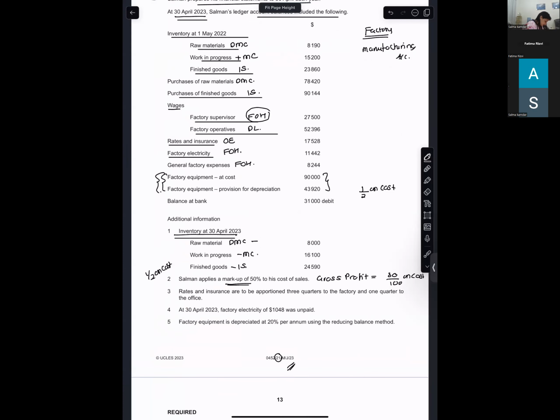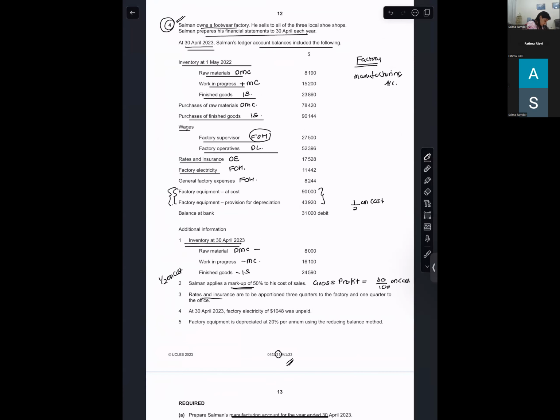Rates and insurance are to be apportioned 3/4 to the factory and 1/4 to the office. So 3/4 of rates and insurance goes to the factory, which is FOH. And 1/4 of rates and insurance is other expenses.